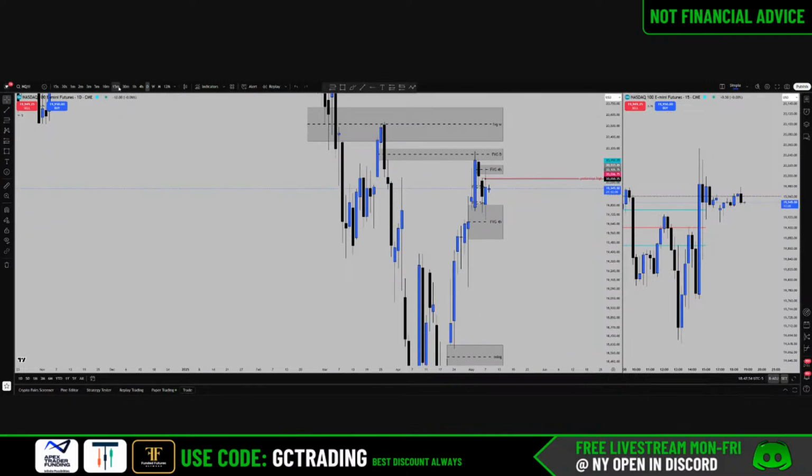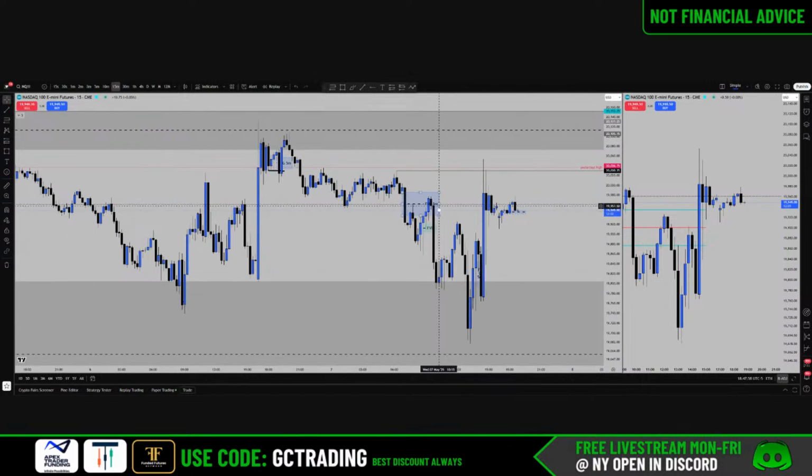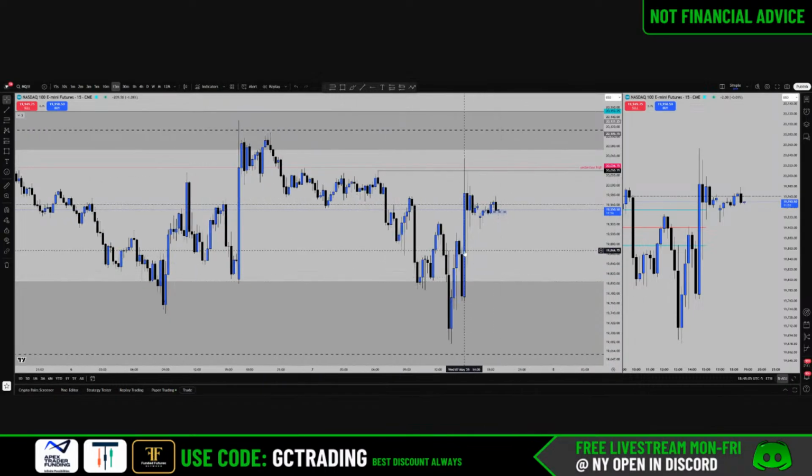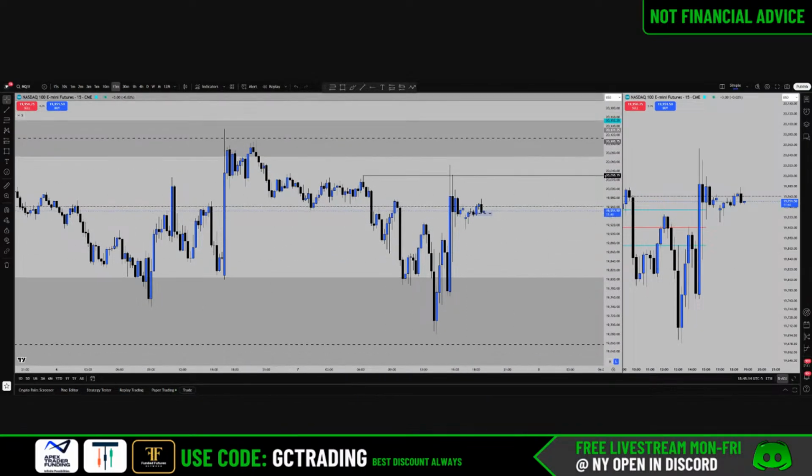We drop back down to the 15-minute on this chart. See, 15-minute gap, 1 minute. Just cleaning up the chart real quick. All right, so that looks about right.